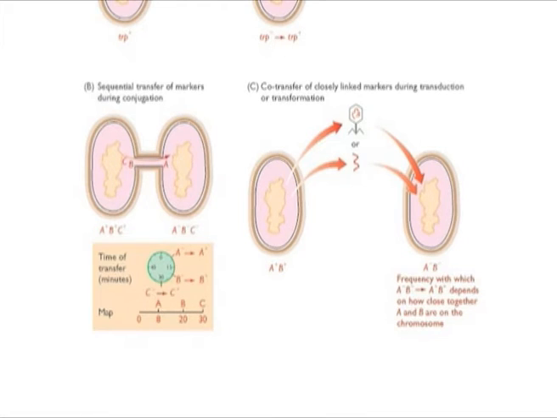To be co-transferred during transduction and transformation, two or more markers must be closely linked because these processes usually result in less than 50 kilobase of DNA being passed from donor to recipient. Transduction and transformation mapping are used to determine the relative positions of markers that are too close together to be mapped precisely by conjugation analysis.